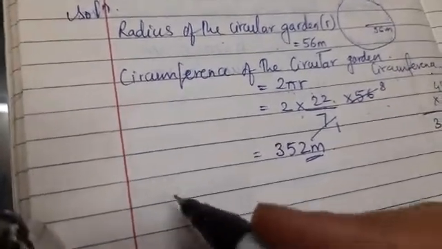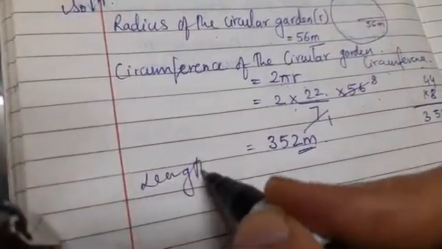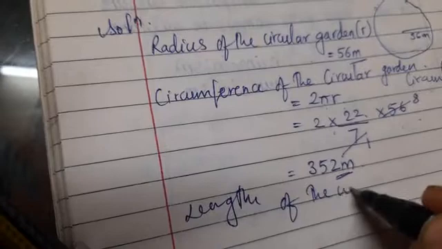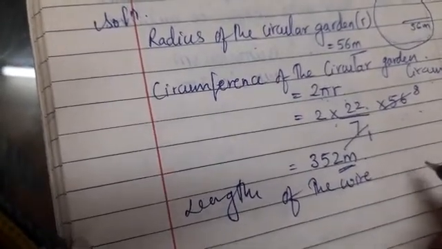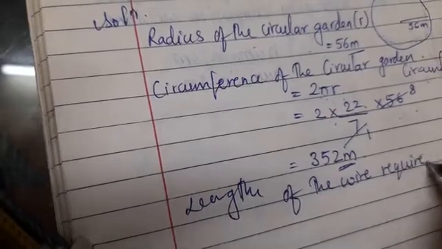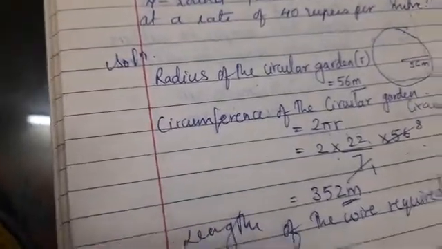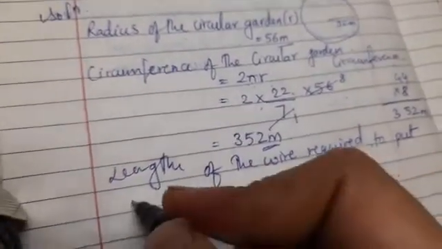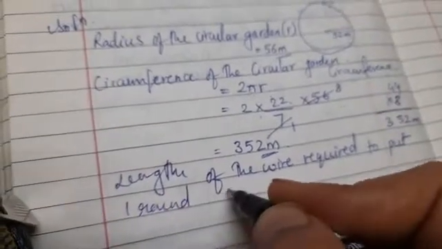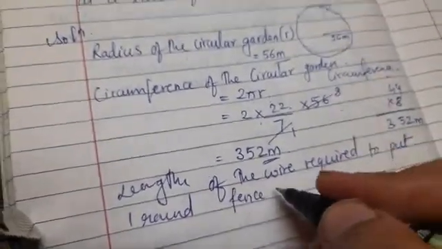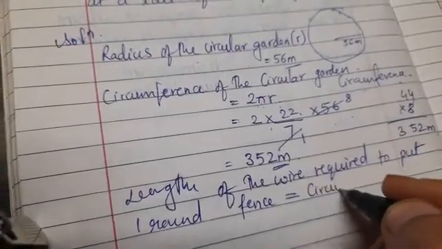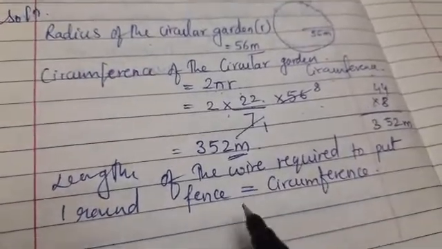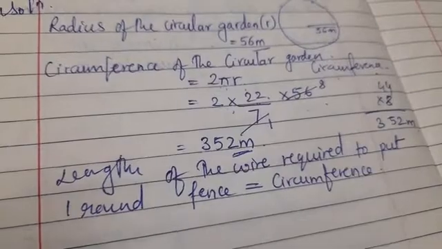So let's write: the length of the wire required to put a 1 round fence is equal to the circumference.